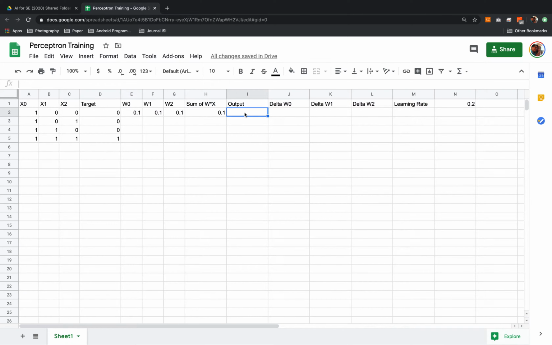And the output will be: if the sum is greater than 0, it will be 1, right? If not, it will be 0. Or if h2 is greater than 0, it will be 1.